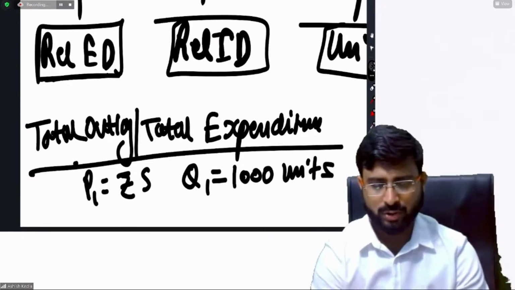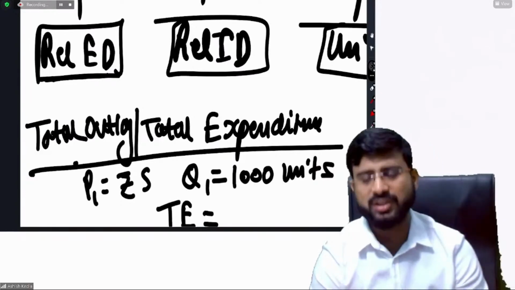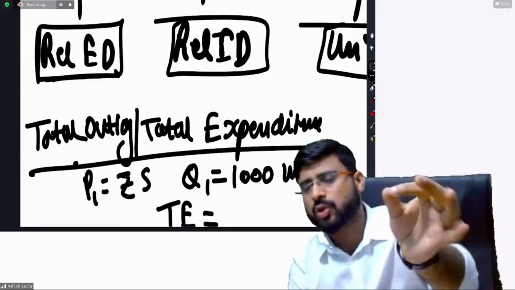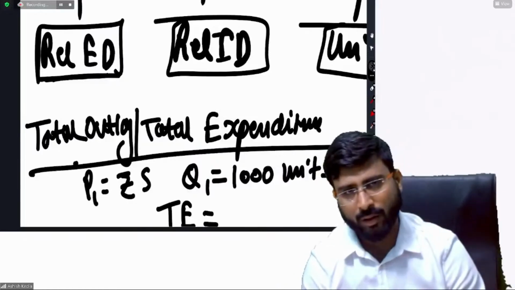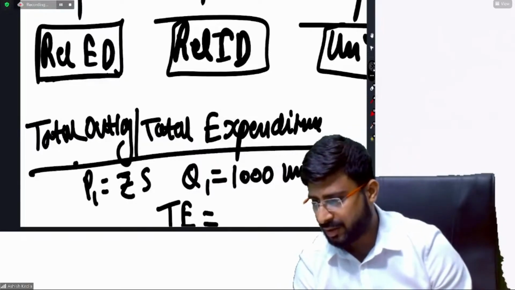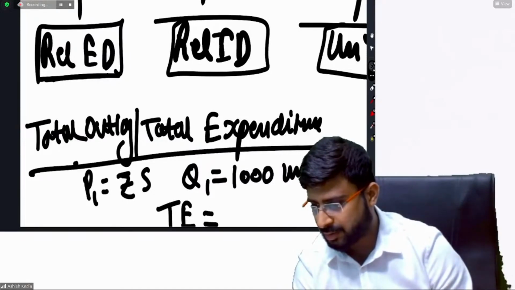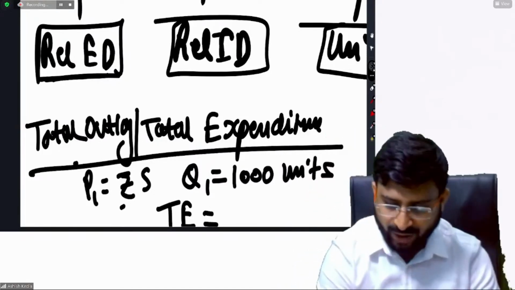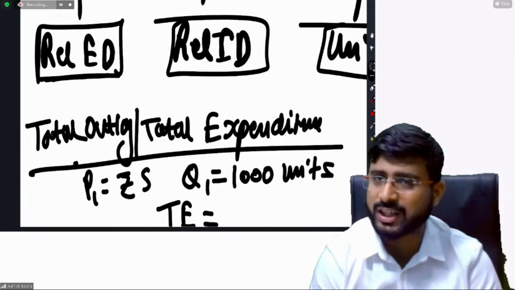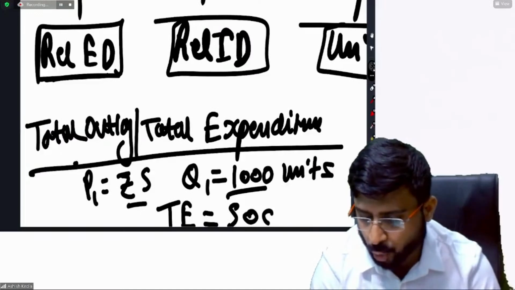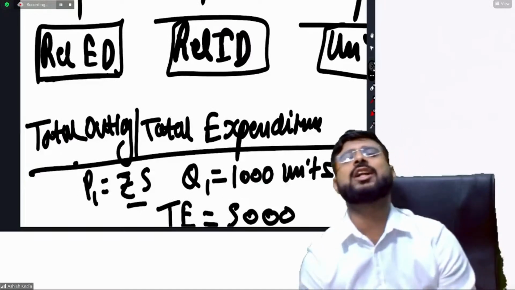My question to you is, what is your total expenditure on this biscuit? Yes, you got it correct. 5 into 1,000, ₹5,000. This is what total expenditure is.